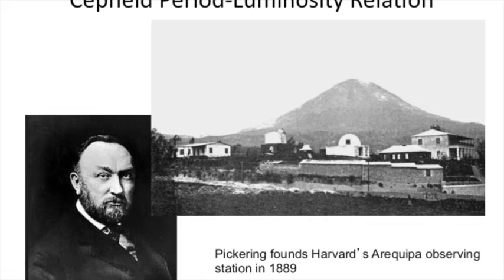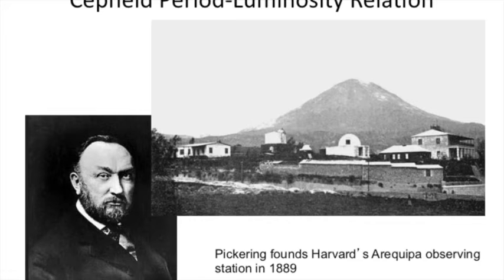He became director of the Harvard Observatory in the latter part of the 1800s and was a demon for collecting observations. He started observing all kinds of things, but he said stellar photometry, stellar spectroscopy are going to be major goals of my observatory, and variable stars as well.